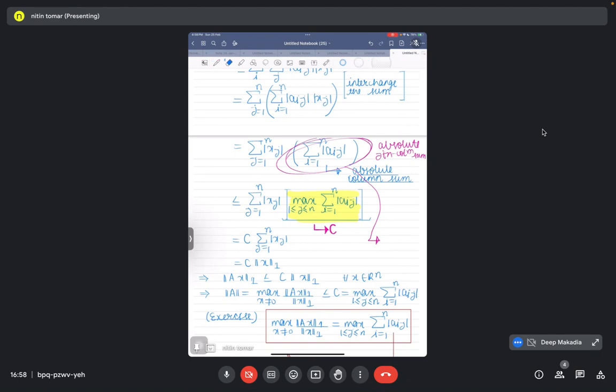There are n columns, right? So every jth column sum will be less than or equal to the maximum of all the column sums by the definition of the maximum. Yes, I can always do that, right? Exactly. Maybe if you're confused, just see this part only first. This is less than or equal to.